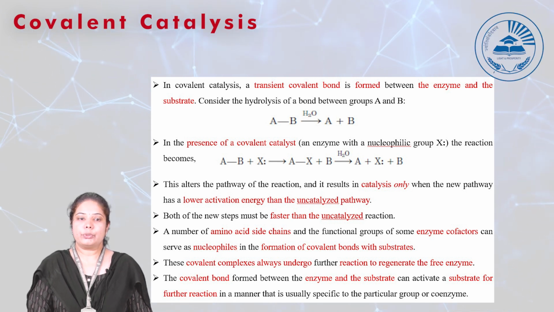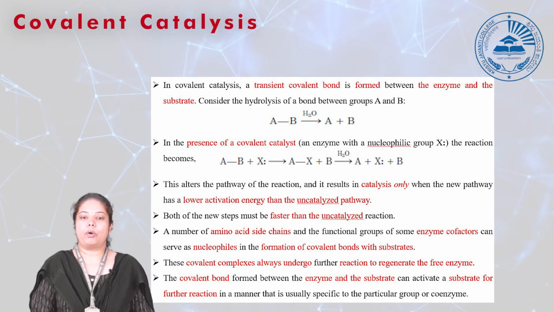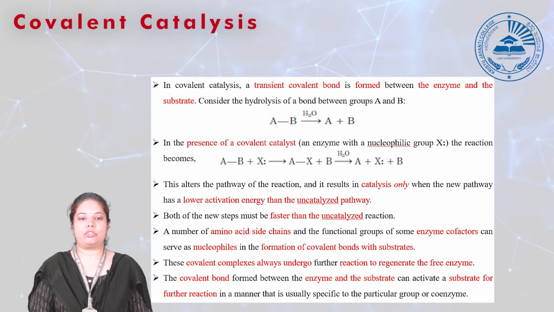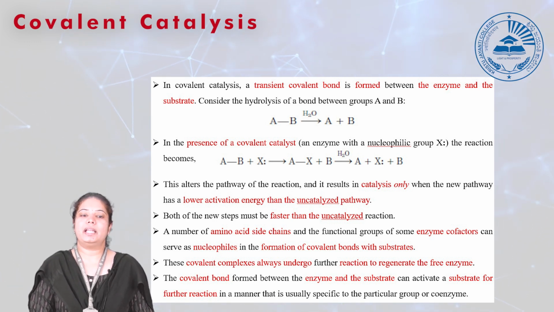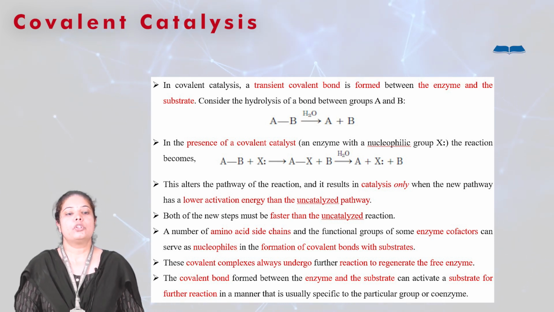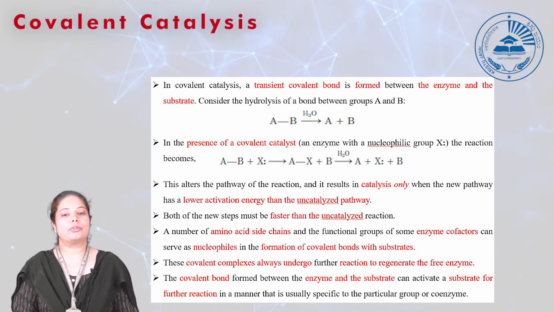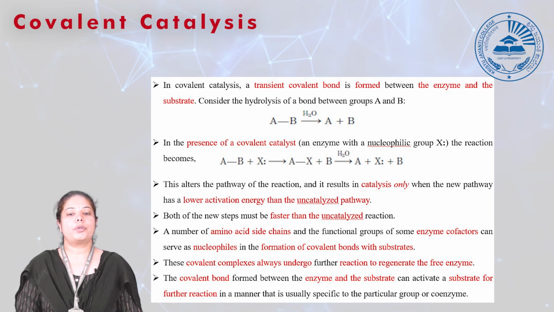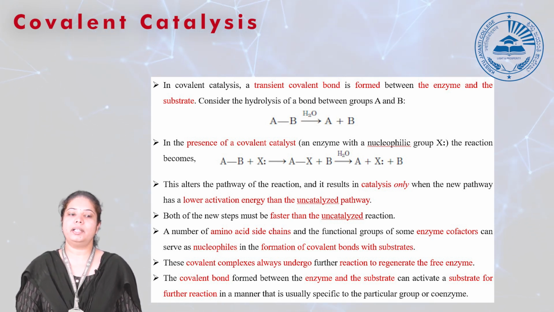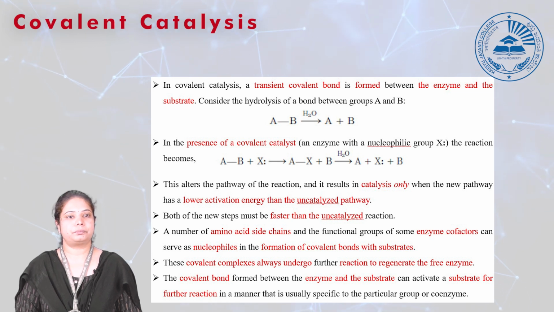And here the nucleophile will be formed from the enzyme cofactor or from the amino acid side chains. These will interact and form the covalent bond with the substrate molecule. Once the covalent complex undergoes further product formation, the free enzyme will automatically be released along with the product which is formed.